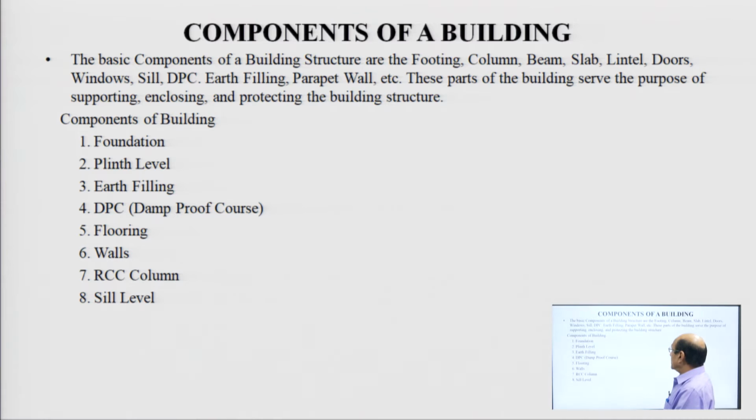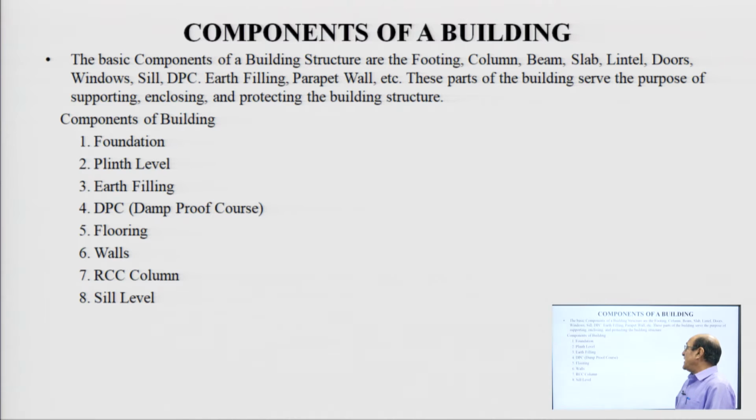So, here the basic components of the building structure are footing, column, beam, slab, lintel, door, window, sill, DPC, earth filling, parapet wall, etc. These parts of the building serve the purpose of supporting, enclosing and protecting the building structure.